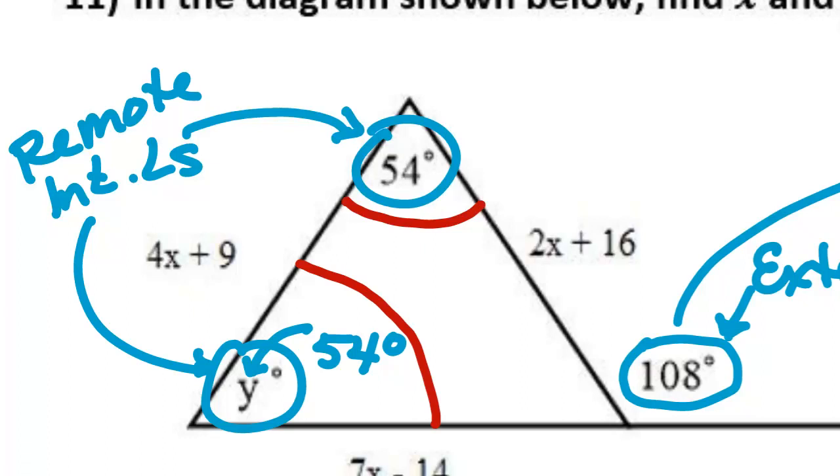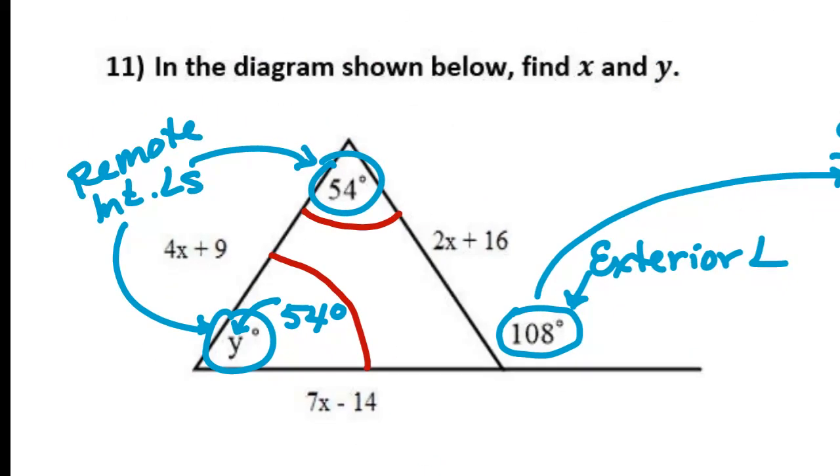Well, which two sides are the ones that are the same size? I've got stuff written on all three sides. Which are the ones that are congruent? The 2x and the 7x. So the 2x one is across from my left-hand angle.